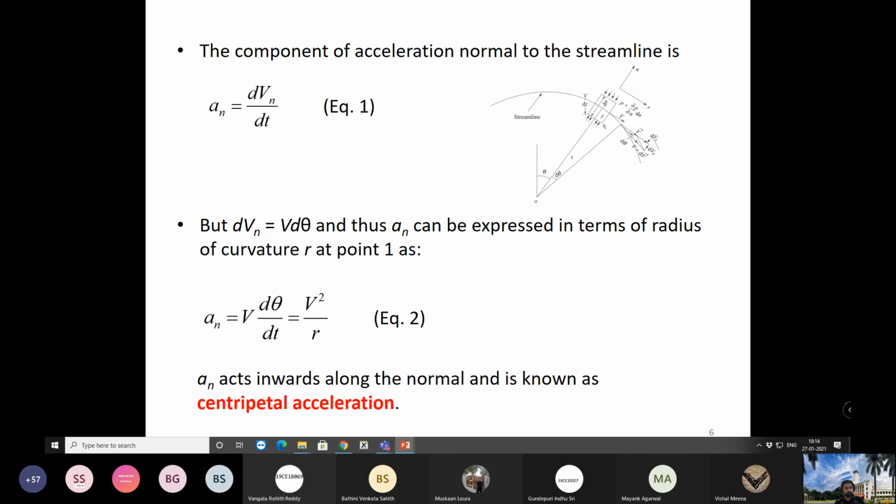An acts inward along the normal and is known as the centripetal acceleration. You must have seen this derivation while studying physics in class 12, or even in mechanics class last year. So this An is V square by R.